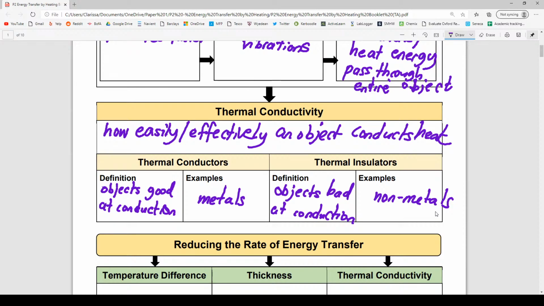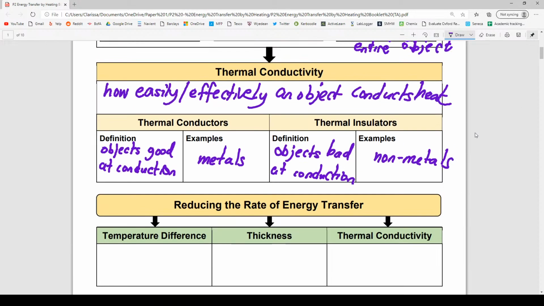So we want a thermal insulator to cover our hands. In that case, we use oven mitts or non-metals to protect ourselves from the conduction, because non-metals, even though they do conduct, are very, very slow at it, therefore making it a lot easier for us to design products with that in mind. Okay?